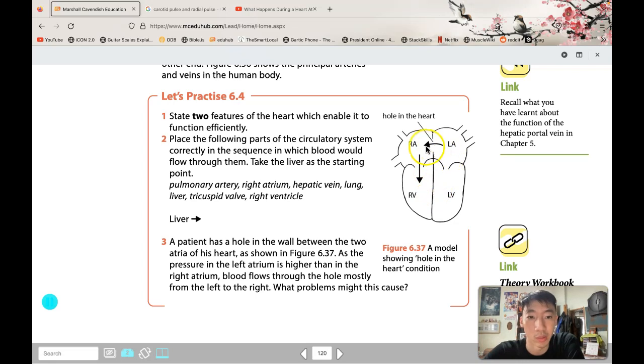The oxygenated blood will mix with the deoxygenated blood, and this will cause weakness. You don't have enough oxygen in your body, fainting spells, you feel very tired, and eventually it can even lead to death if the hole is too big. Most of the time the hole should be small, but if it's too big, then a surgeon will need to patch up the hole or do some kind of surgery, or a heart transplant.